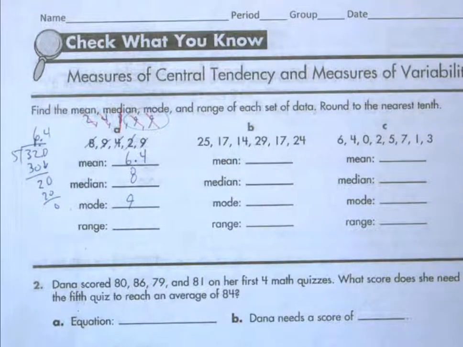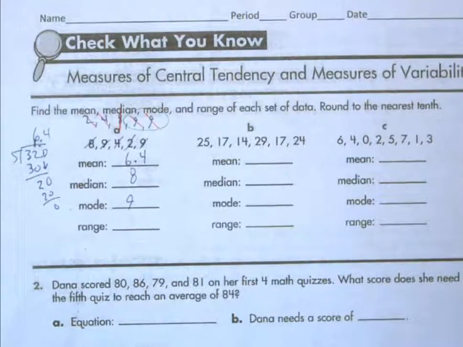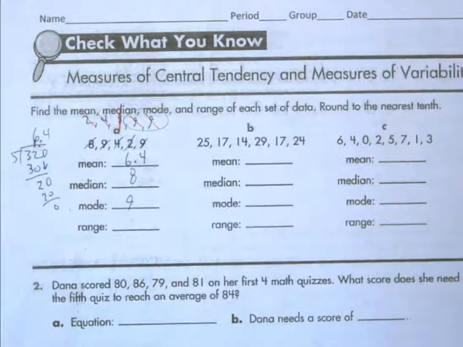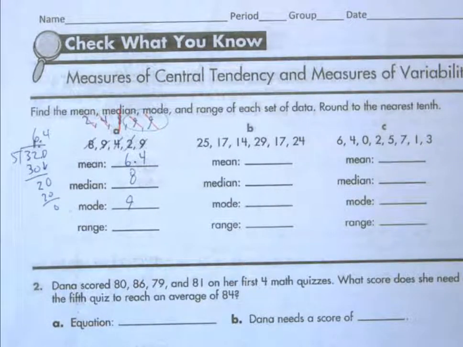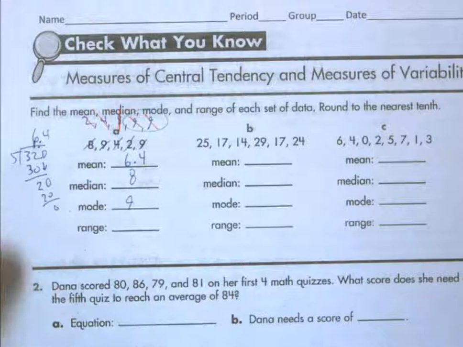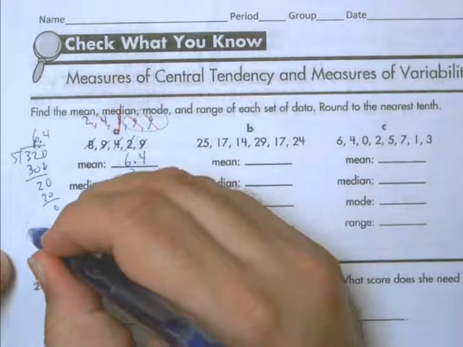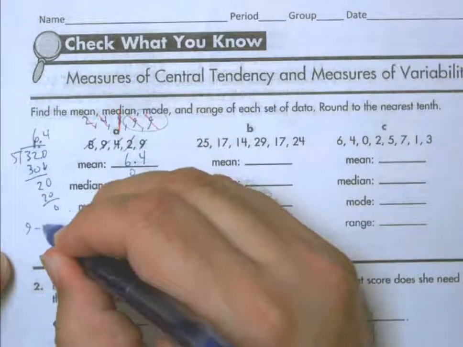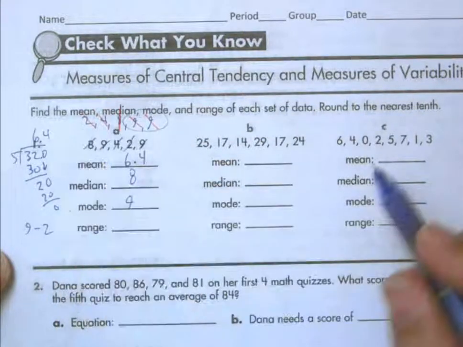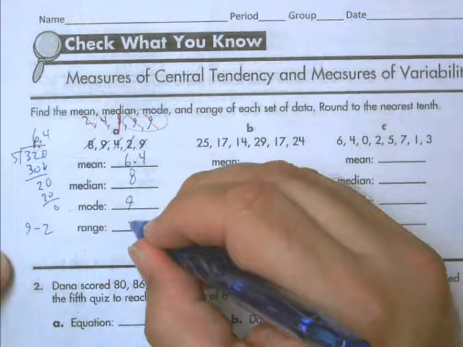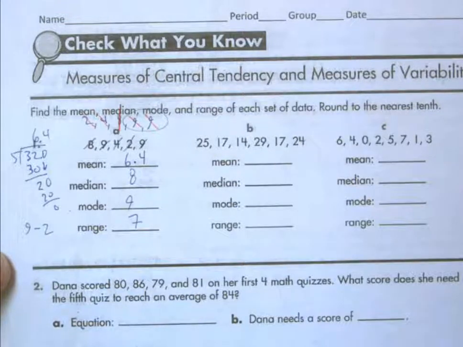The range is simply the spread of my data, for you sports guys, so it's my largest data value minus the smallest data value, or the difference between my data values. So 9 is my largest, and I subtract 2, which is my smallest. 9 minus 2 is 7, so my range is 7.